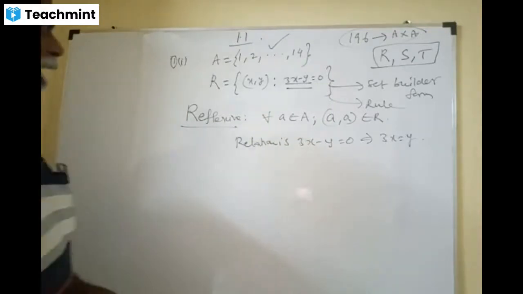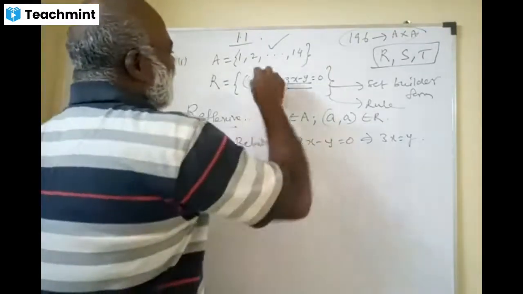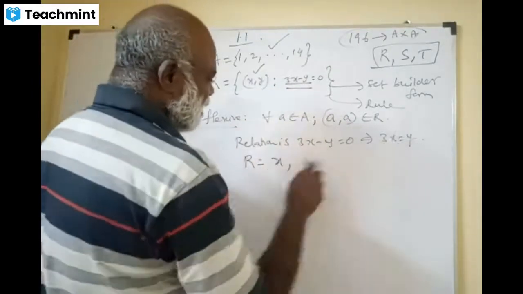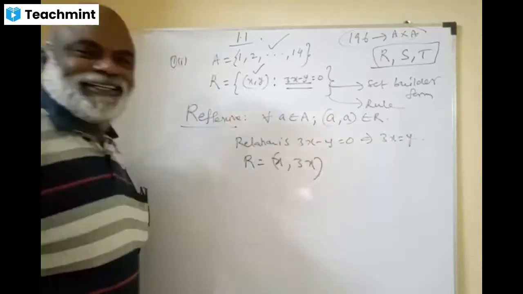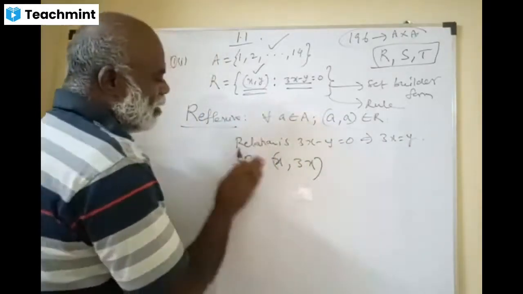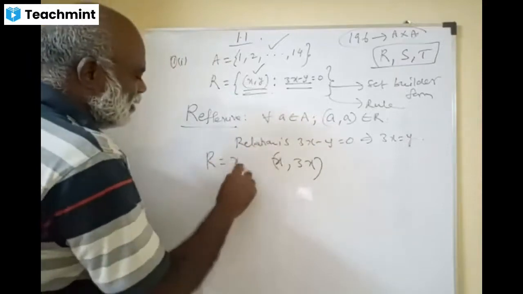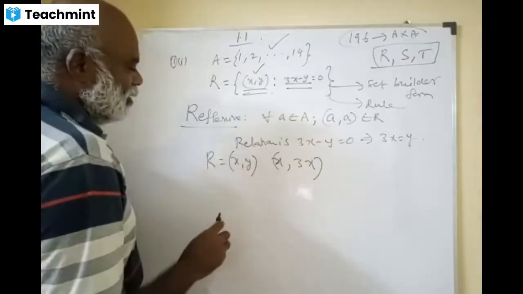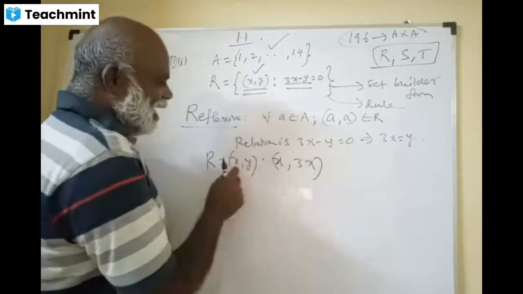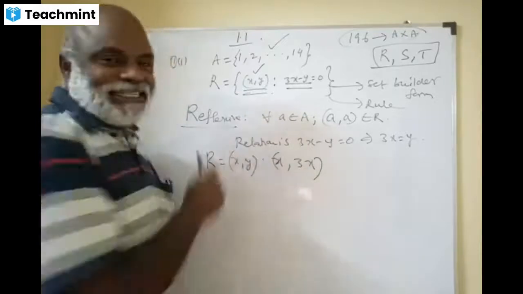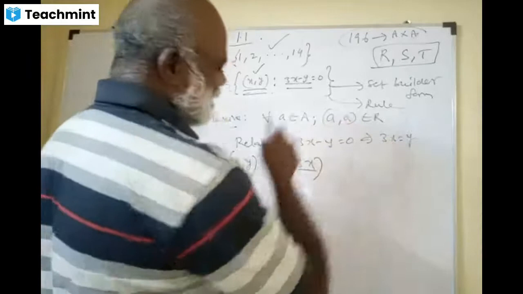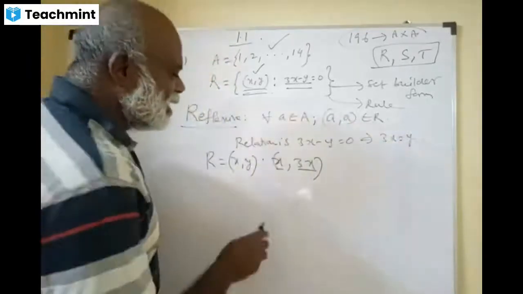That means R is the set of (X, Y), where Y is 3X. Please note, R is (X, Y), such that (X, Y) means (X, 3X). X and Y, where Y is 3X.